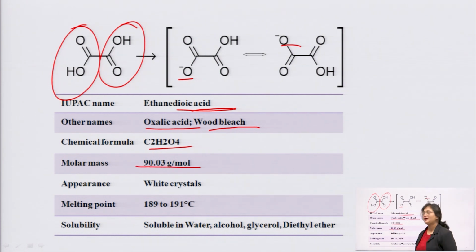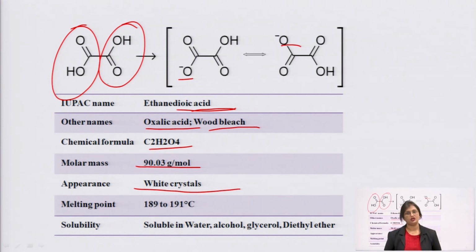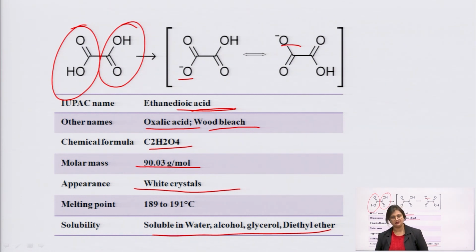It has a molar mass of 90.03 gram per mole. It is a white crystalline solid with a melting point of 189 to 190 degrees Celsius. When we talk about the solubility, it is soluble in water, alcohol, glycerol and diethyl ethers.